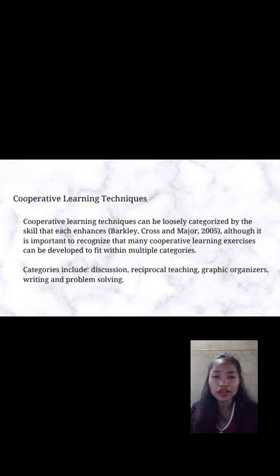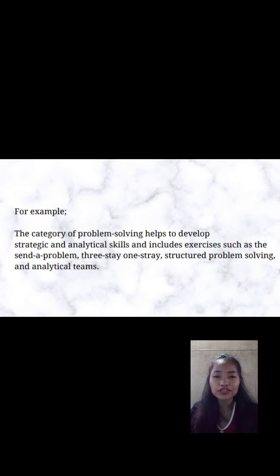Each category includes a number of potential structures to guide the development of a cooperative learning exercise. For example, the category of problem solving helps to develop strategic and analytical skills and includes exercises such as the send-a-problem, three-step interview, structured problem solving, and analytical teams.